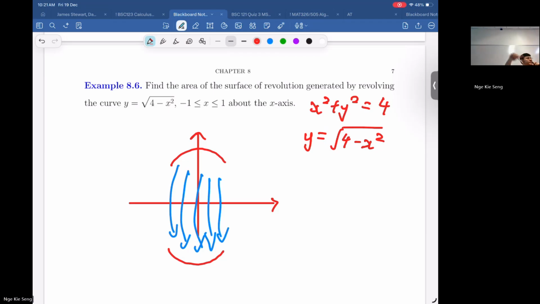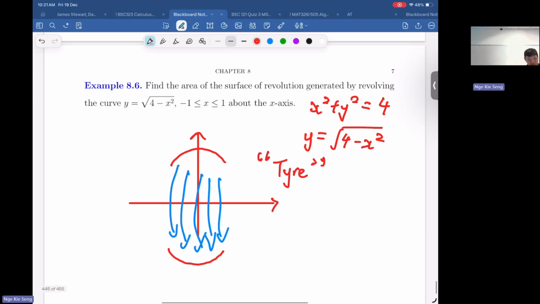It is like a tire. Okay, so you want to find this surface here.